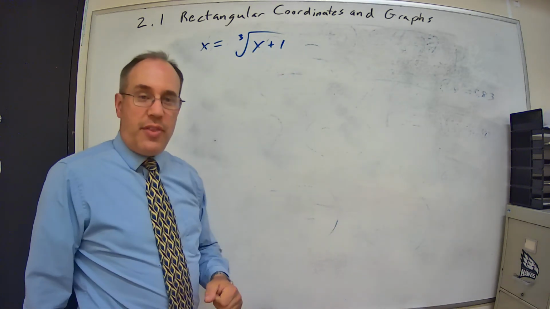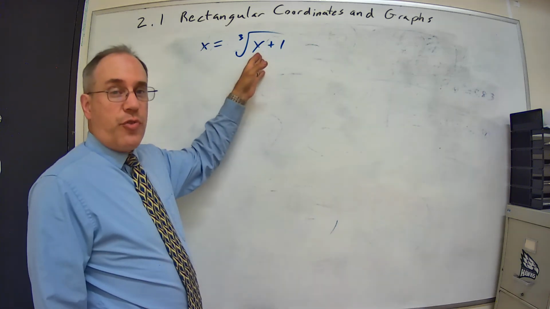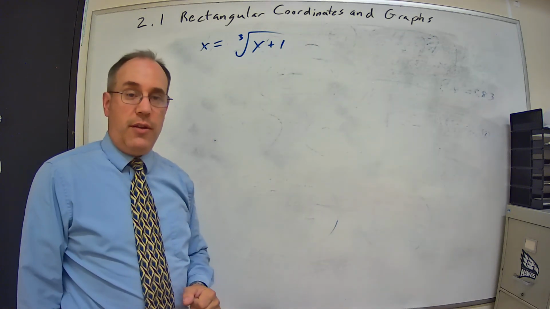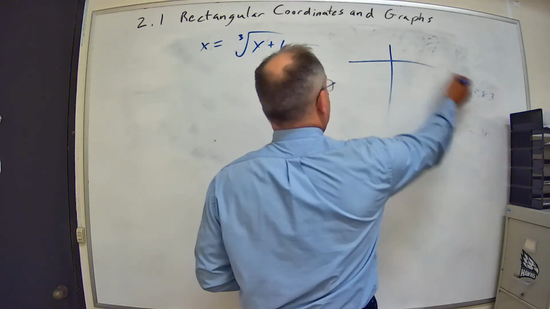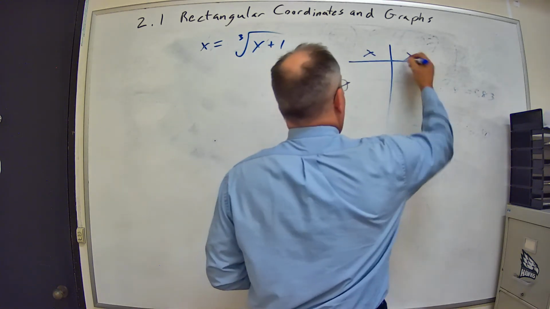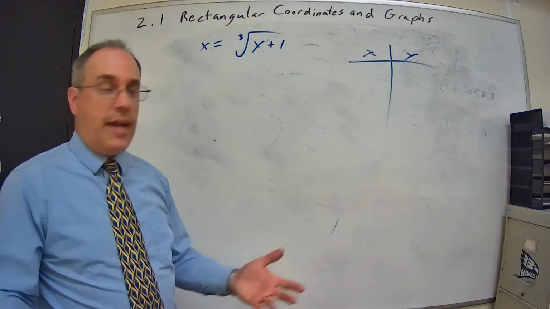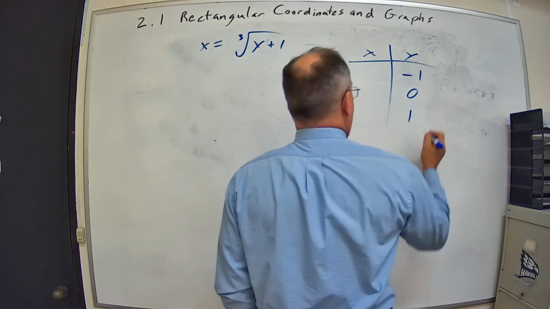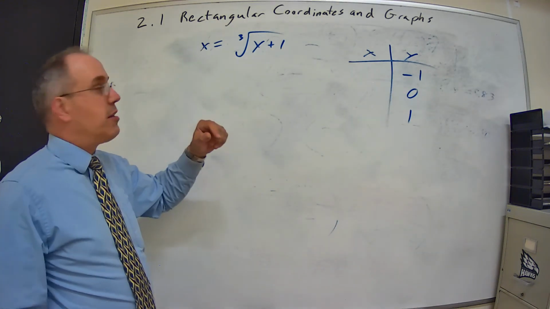Well, if I'm going to plot this, I can just plug in values for y and see what x turns out to be. So that's an option. x, y, and remember, 0, 1, -1, those are easy, so -1, 0, and 1 for y, and now I plug that in and I get x.